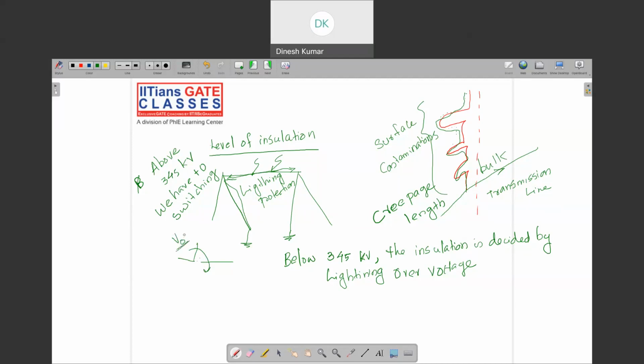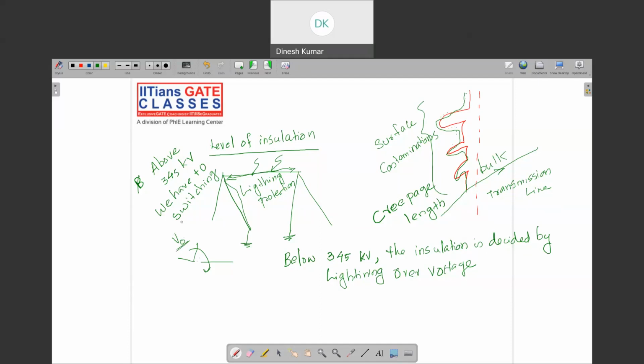Above 345 kV, the system voltage is very high, so the switching impulse voltage will be very high, higher than the lightning impulse voltage. That's why above this rating we have to consider the switching impulse voltage. That is the deciding factor for insulation coordination. So you have to remember these two numbers.